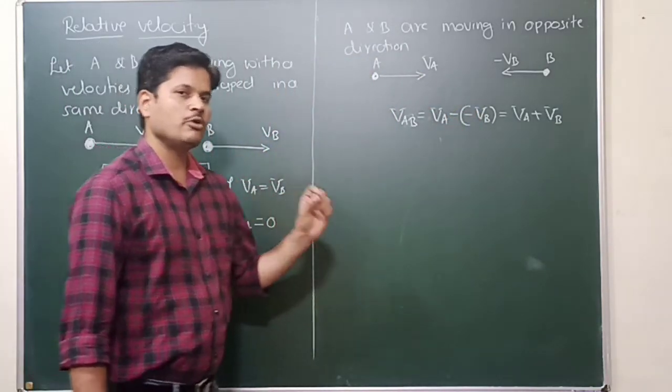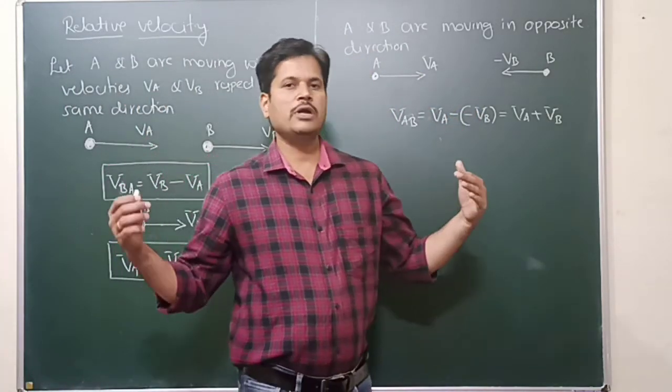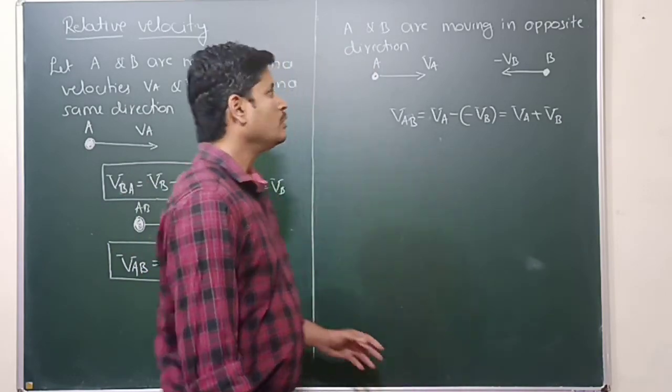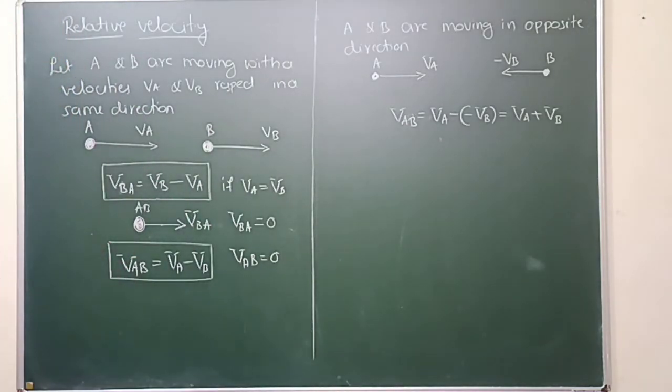When the objects are moving in opposite directions, we should add the velocities, correct? Note down all these points.